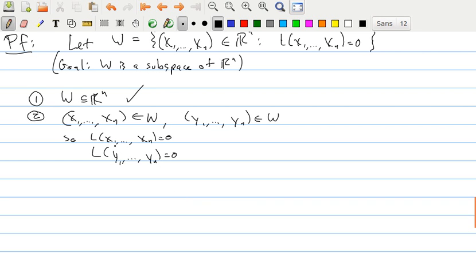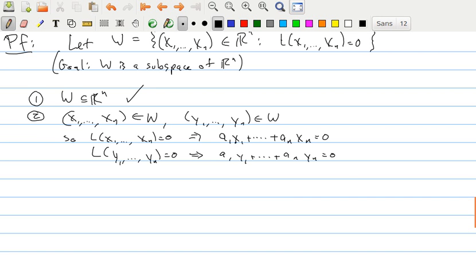Well, what does this linear function mean? If we think of the linear function as a bunch of coefficients, this says that a1 x1 plus up through an xn equals 0. And our second equation says that a1 y1 plus up through an yn equals 0.